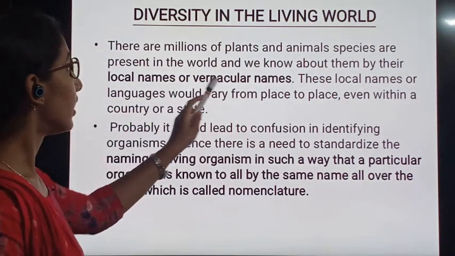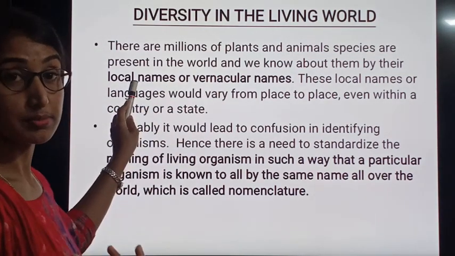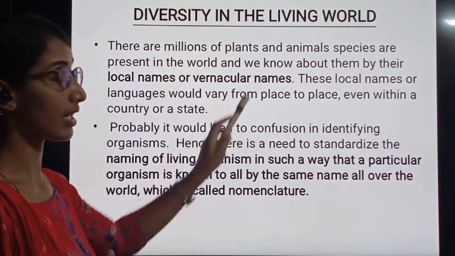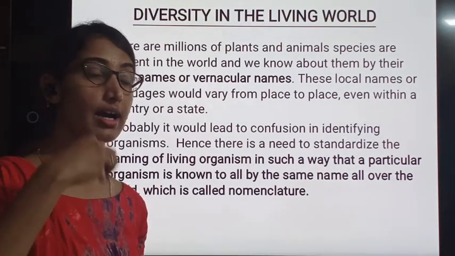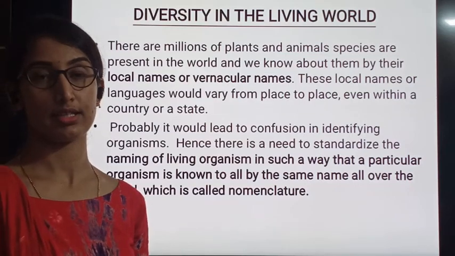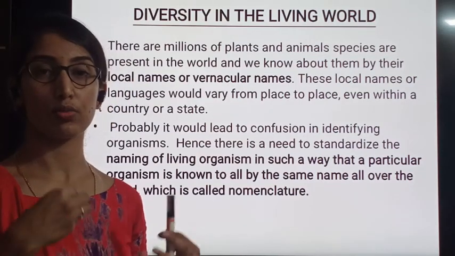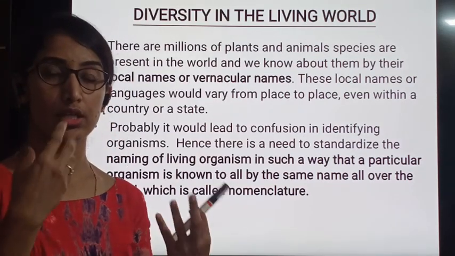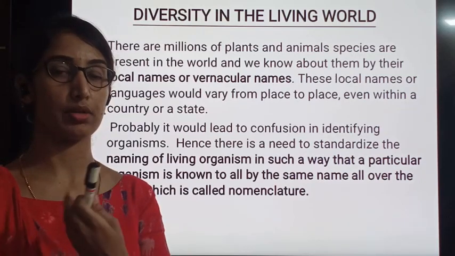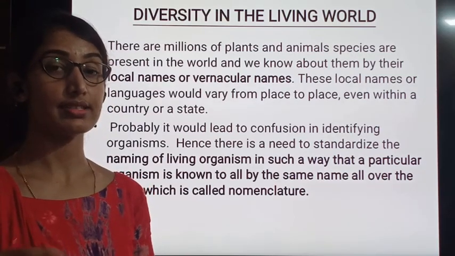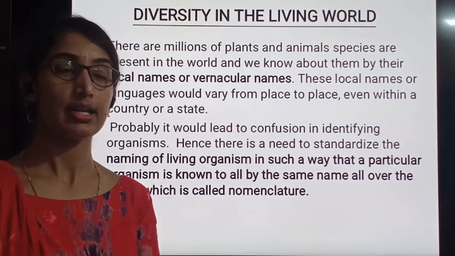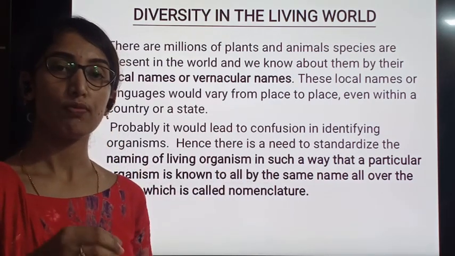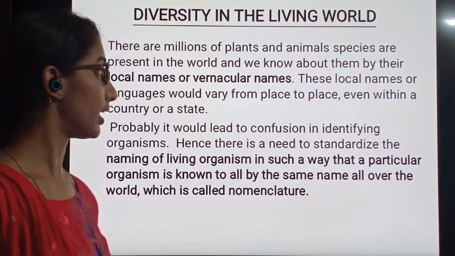That is why these are termed local names or vernacular names. These names change from place to place: a different word in Marathi, a different word in Telugu, a different name in Tamil. As the language changes from place to place, the same organism will be called by different names.